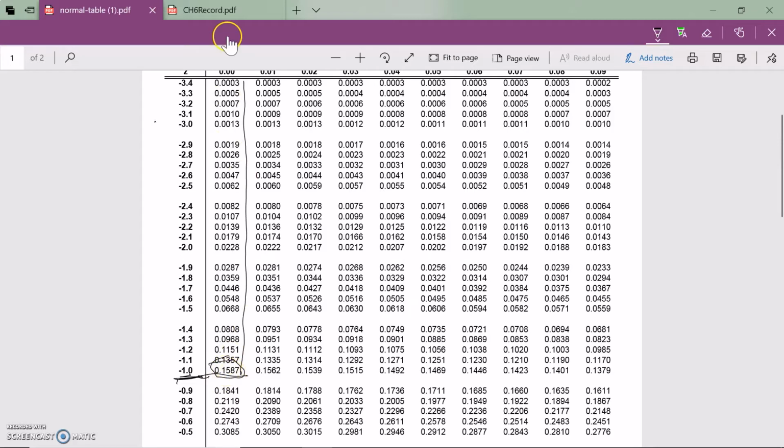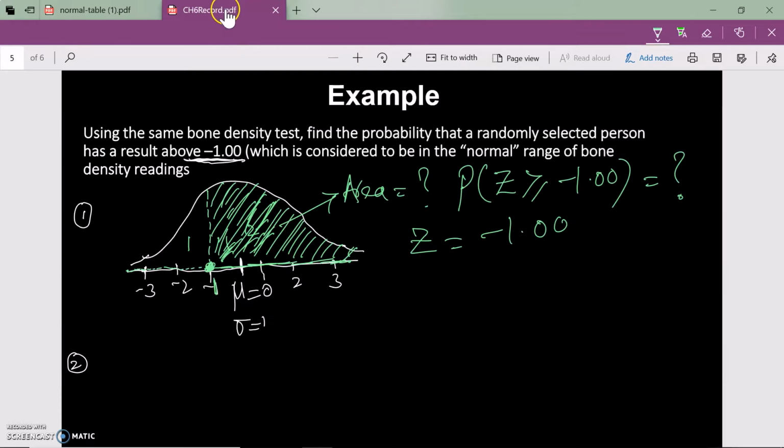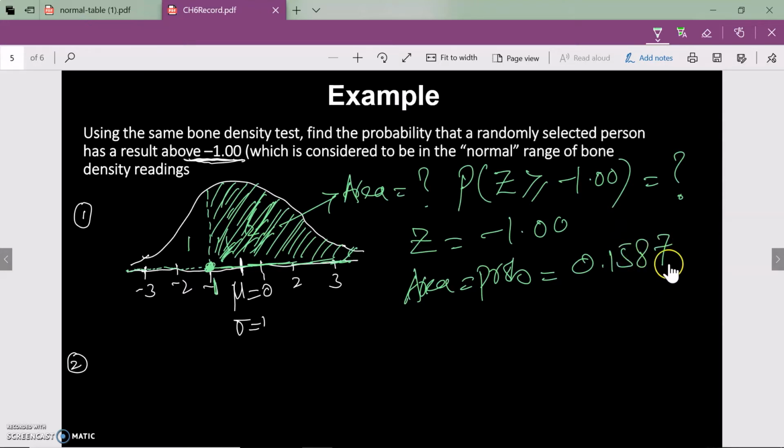So this is the area I got. So the z we have is -1, and the area, which is the same as the probability, comes out to be 0.1587. But remember, this is not the area we're looking for. This is this area. It's very important that you understand this idea.